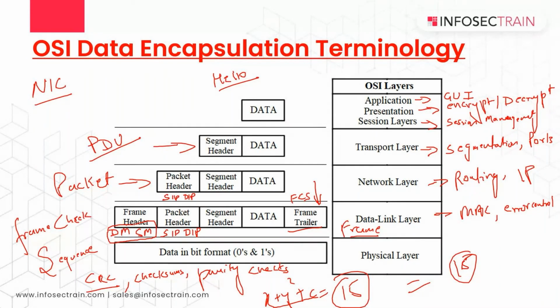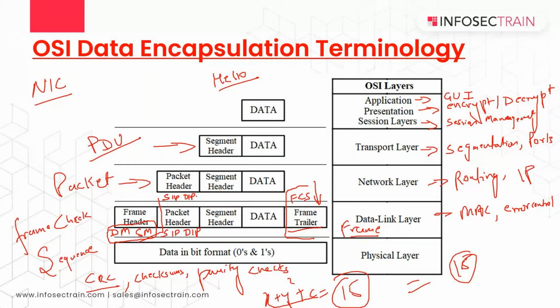If it is matching, then this frame header is shredded, it's removed, and then it checks the value of FCS. So it calculates the output. If the output matches the same as the sender has sent, it will shred this frame trailer as well. So we are left with the packet, and that packet is forwarded to the network layer.